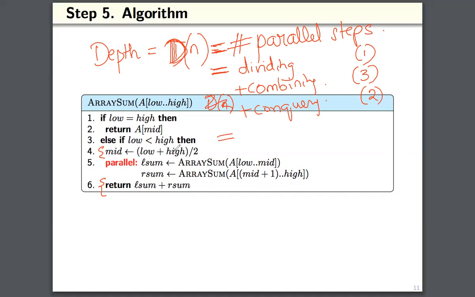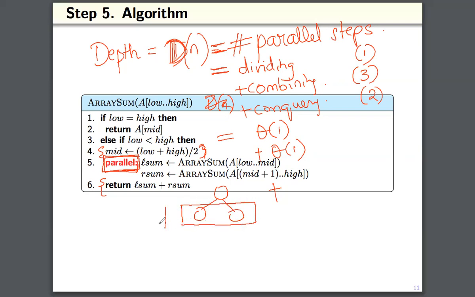Dividing anyway, we have to do this. You cannot parallelize this. So it is theta 1, combining theta 1, and then conquering. Let's think about conquering. There are 2 function calls. We are running them in parallel.